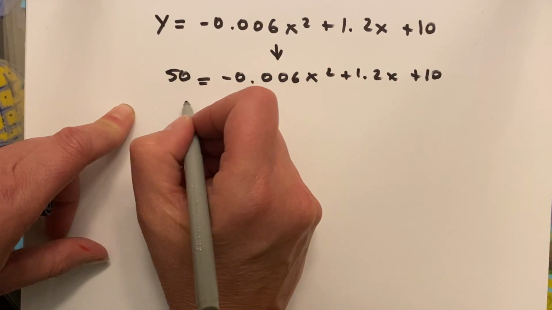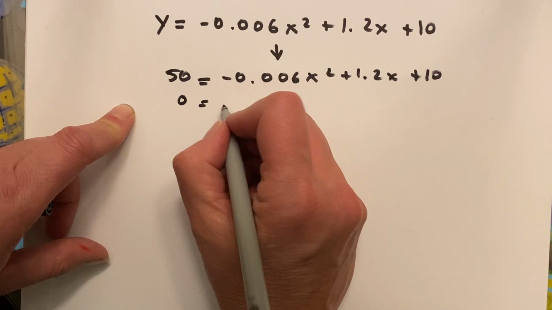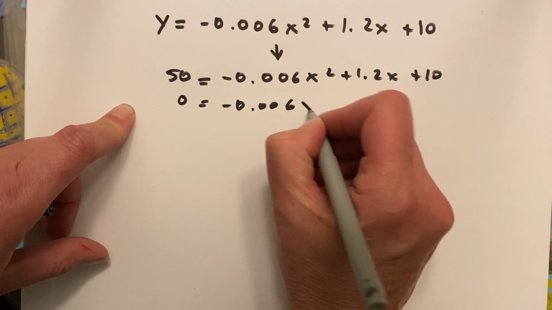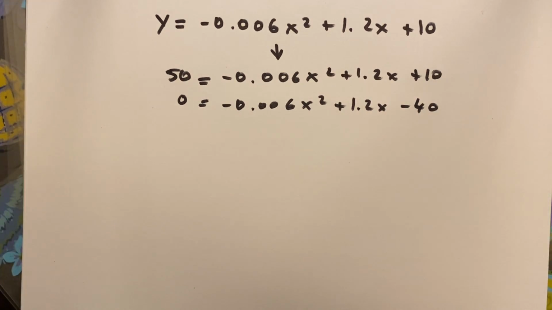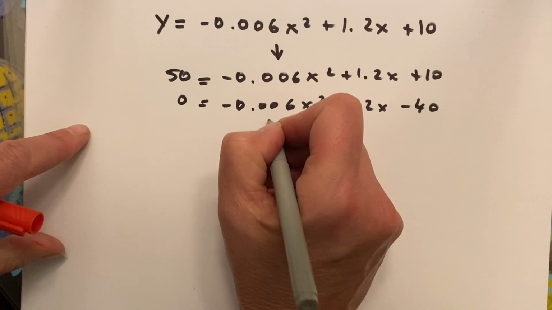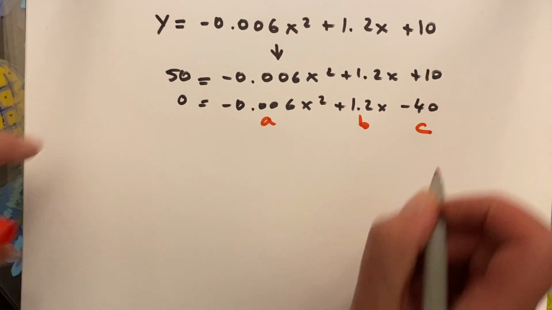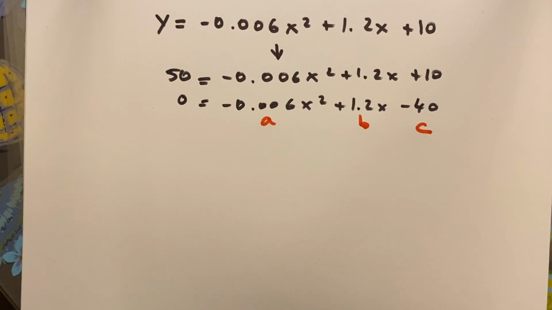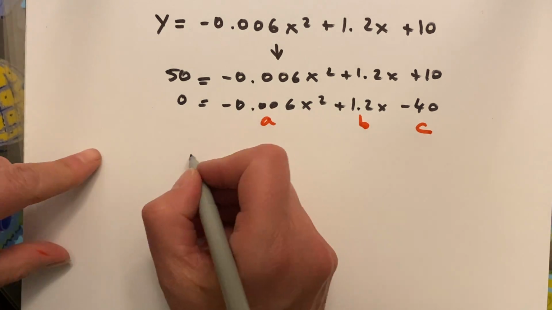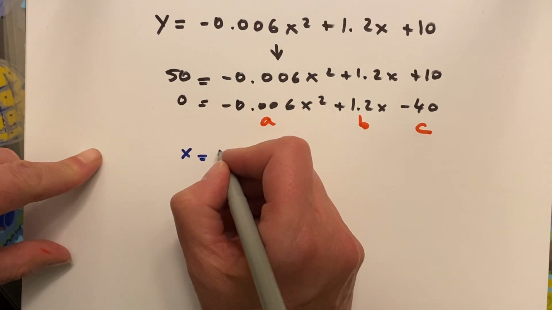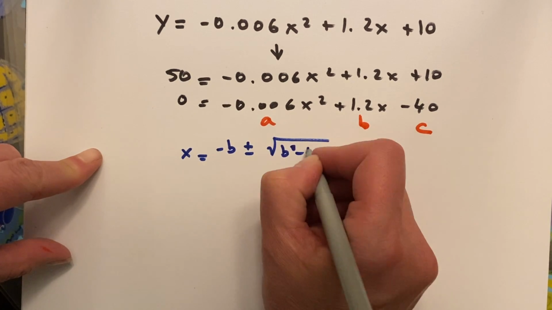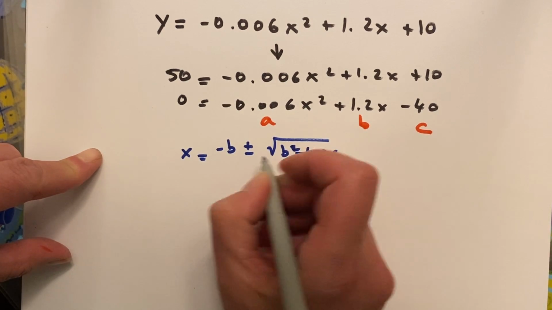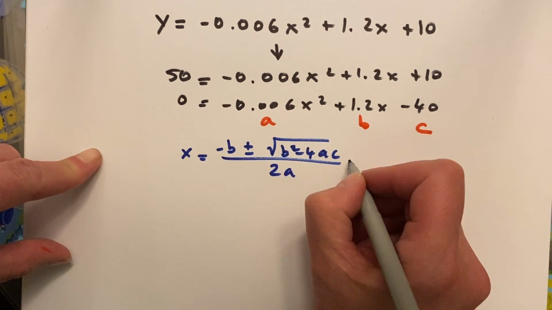We subtracted 50 from both sides, and we ended up with negative 0.006 x squared plus 1.2x minus 40. So now we're going to do the whole quadratic formula. This is A, this is B, this is C. X equals negative b plus or minus the square root of b squared minus 4ac over 2a.